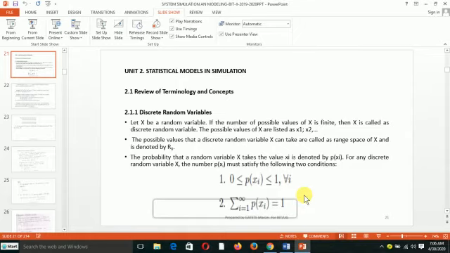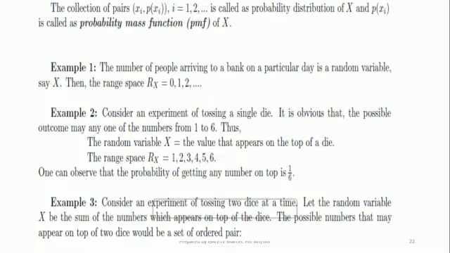So if those two conditions are met, it means that this probability is valid, otherwise it won't be valid. Another concept is about the correlation of pairs.